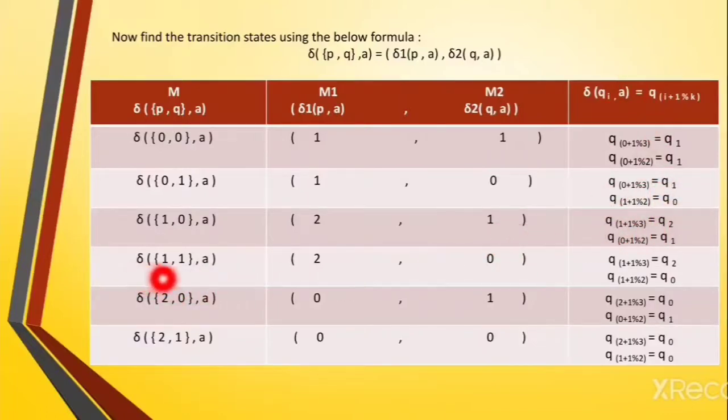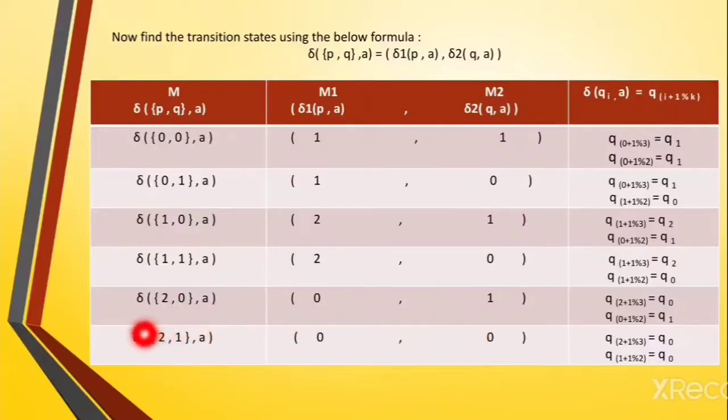The next state is 1,1, delta of (1,1), a: for 1 comma a we get 2, and for 1 comma a we get 0. The next is delta of (2,0), a: for 2 comma a we get 0, and for 0 comma a we get 1.